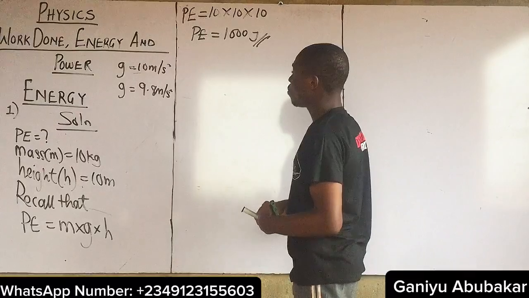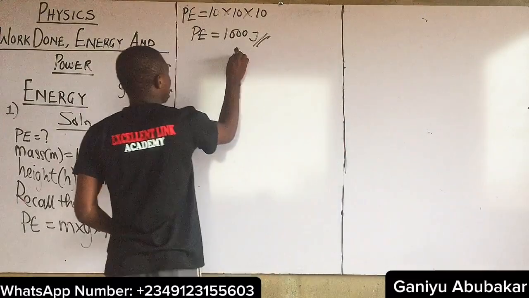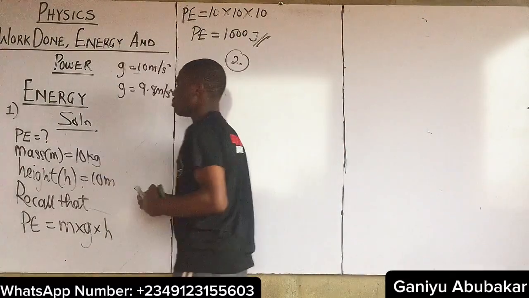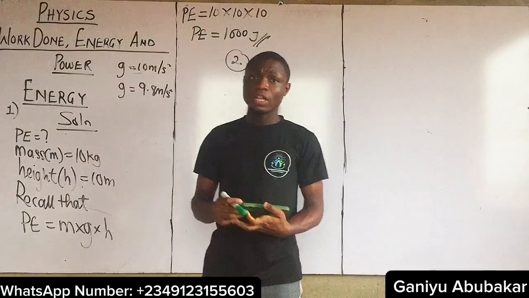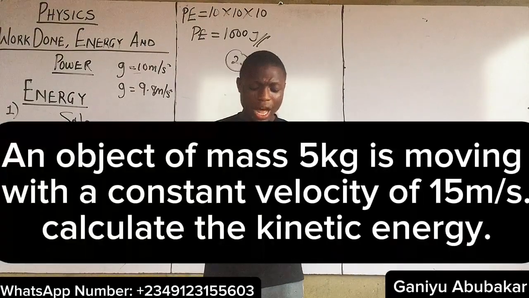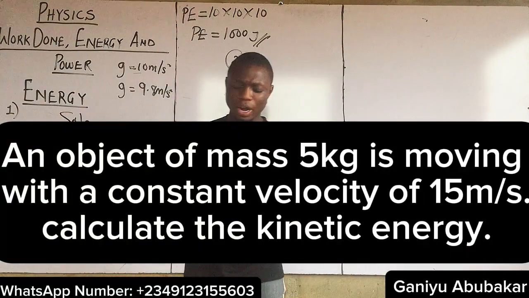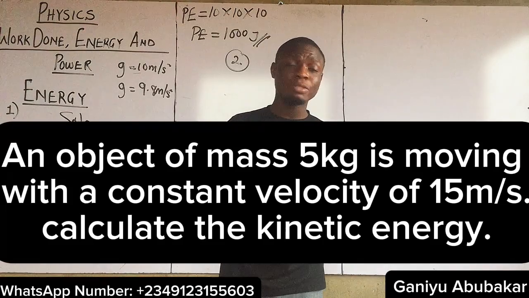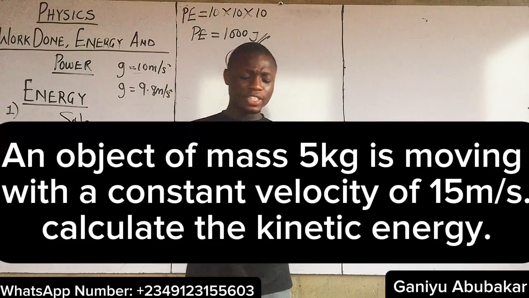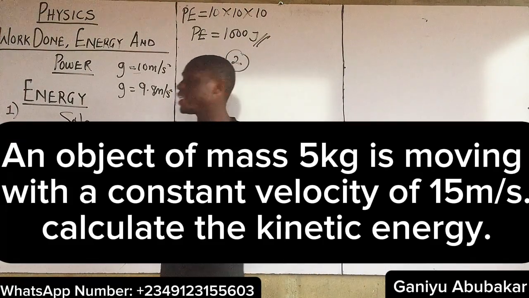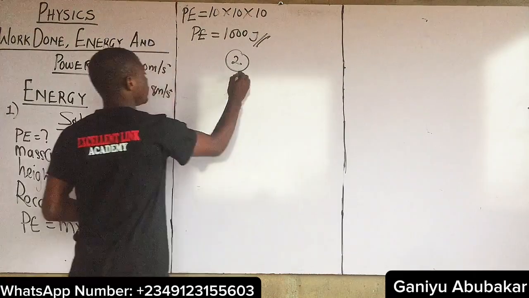Alright, let's try to solve the second problem under this concept. Example 2 says an object of mass 5 kg is moving with a constant velocity of 15 meters per second. Calculate the kinetic energy. So let's get it done, please. Solution.